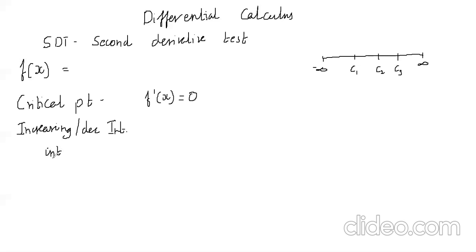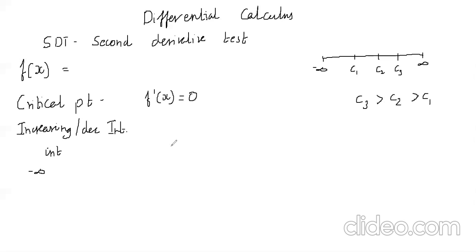The first interval will be minus infinity to the first critical point. In this C1, C2, C3, it represents that C3 is greater than C2, which is greater than C1.